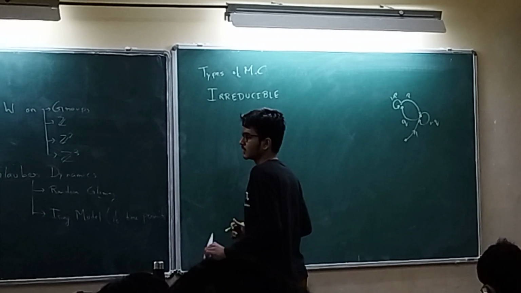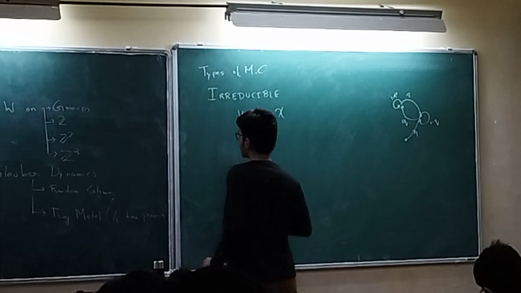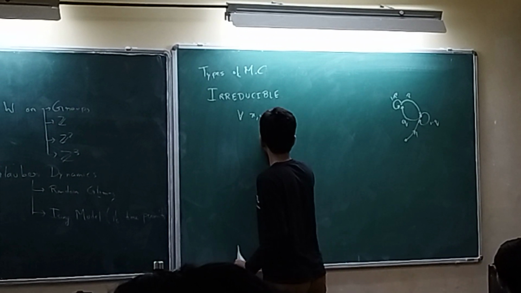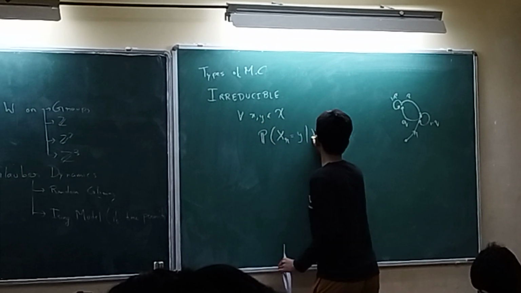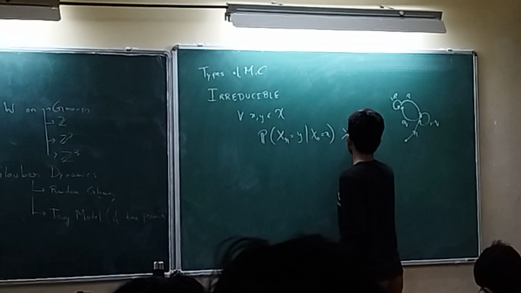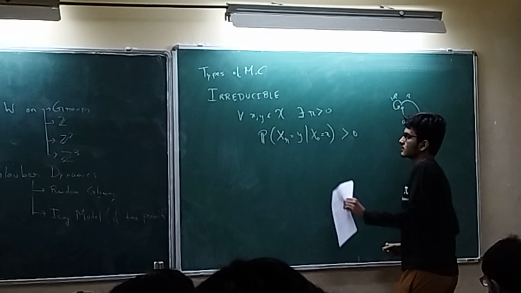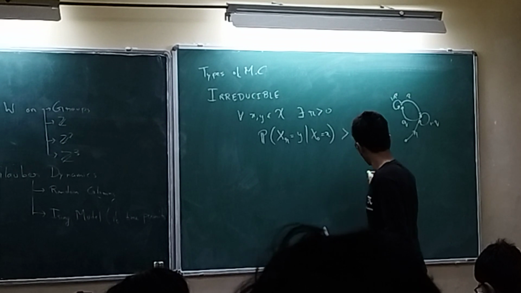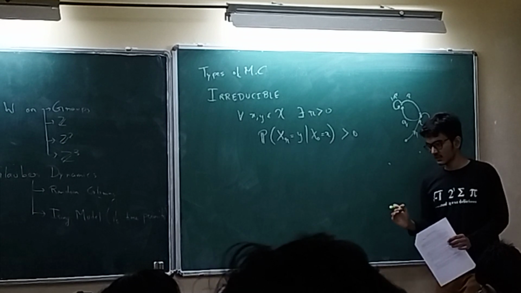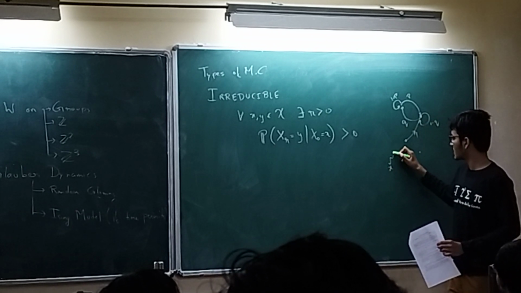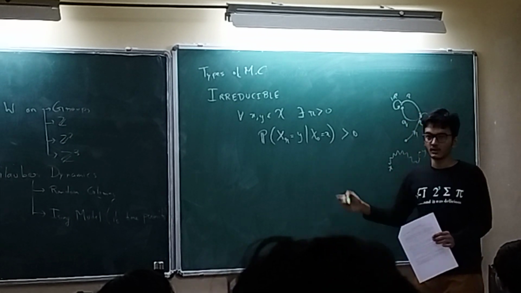So we want some good Markov chains. So how are we gonna discuss that? So we will take for all x and y, from x, I will have this thing. So what does this say? Once I choose 2 points from the state space, I know that if I start at x, after some time I will eventually reach y with some positive probability.